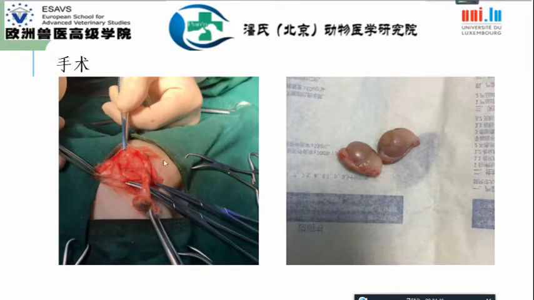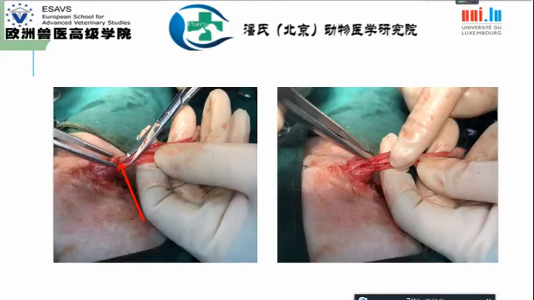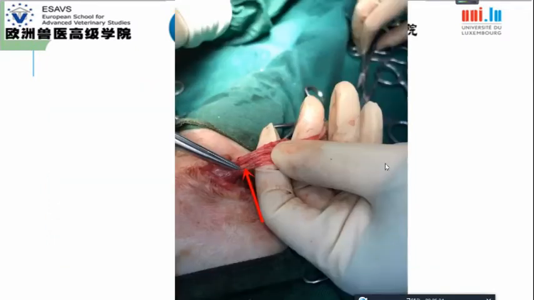We spayed the cat, and you can see in the urinary tube, there are a lot of crystals blocked there that have become very big, like a stone here, blocking here, and also here.